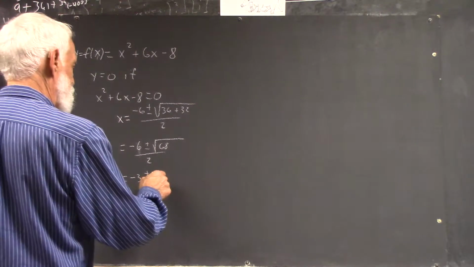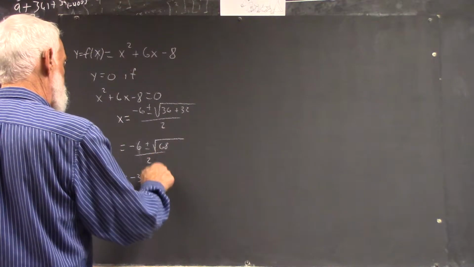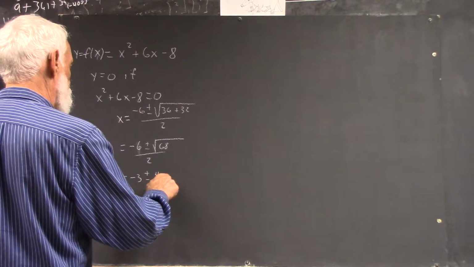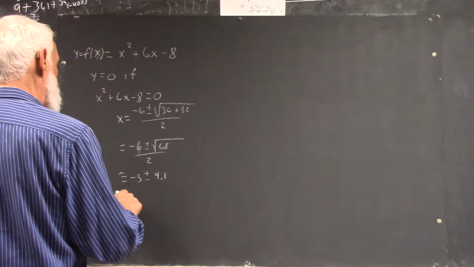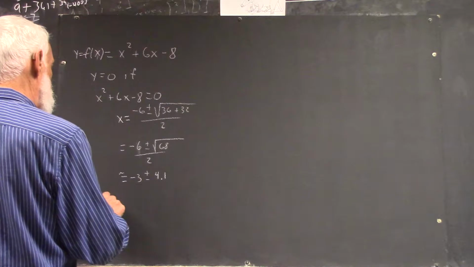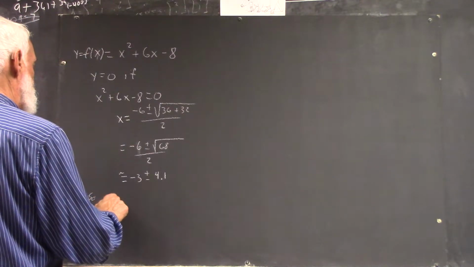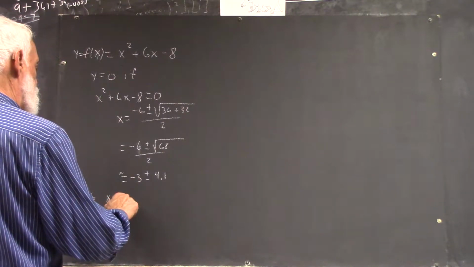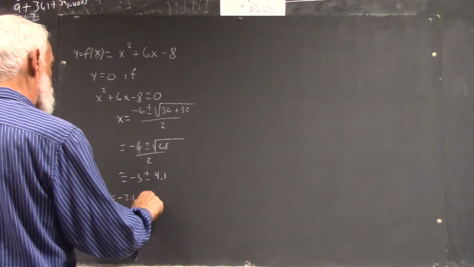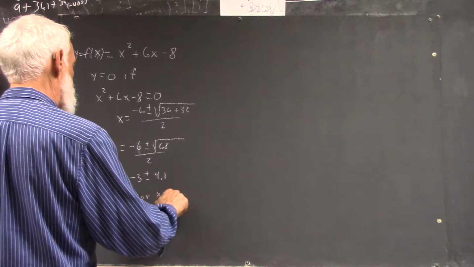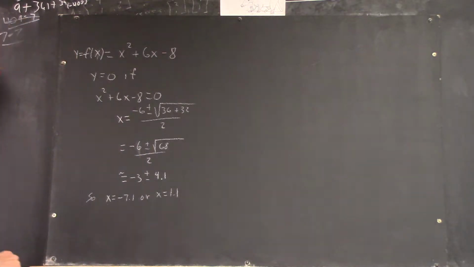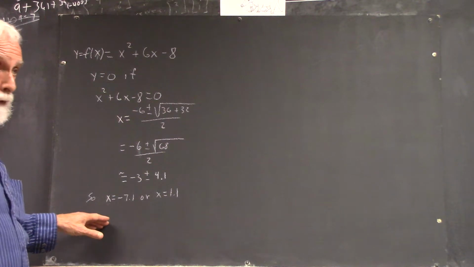If I divide that by 2, I'm going to get something like 4.1. So x would be -7.1 or 1.1 approximately. Okay? Now that's just straightforward application of the quadratic formula.